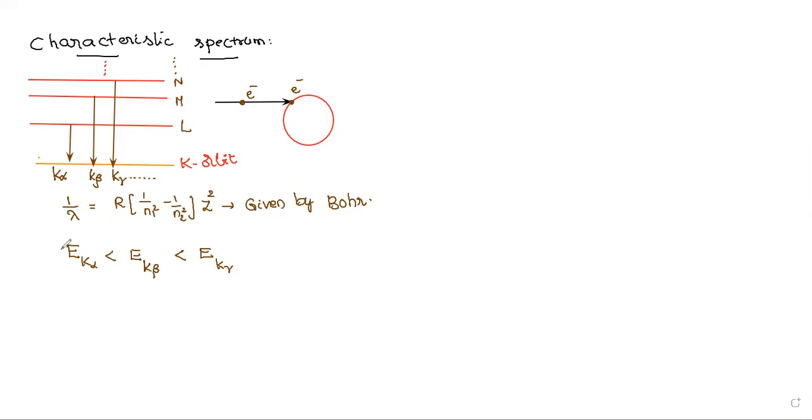So energy is increased when going to higher order. Energy is less, so the wavelength will be maximum. So I write lambda of K alpha line is greater than lambda of K beta line, which is greater than lambda of K gamma line, and so on.